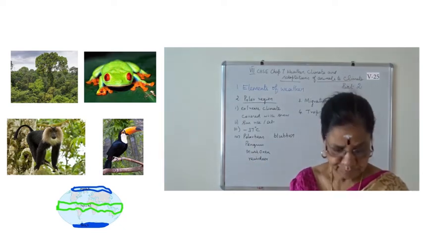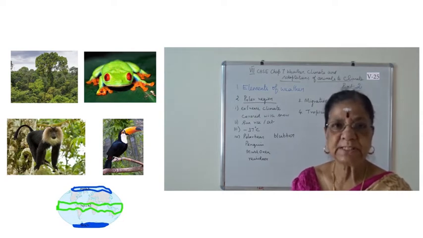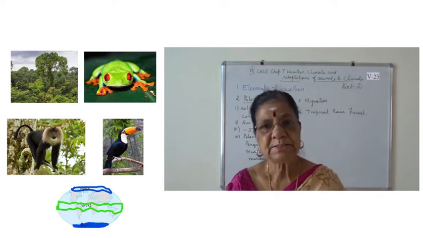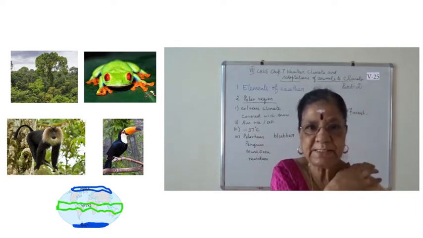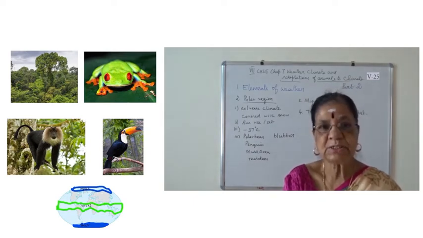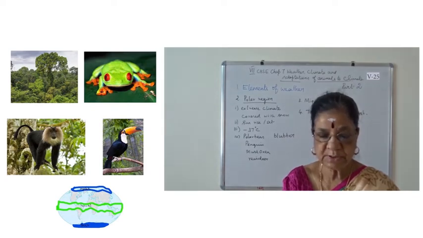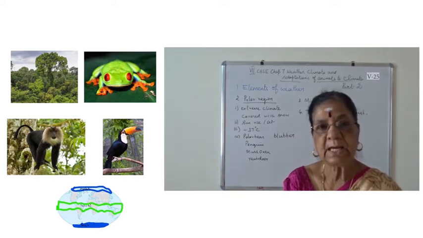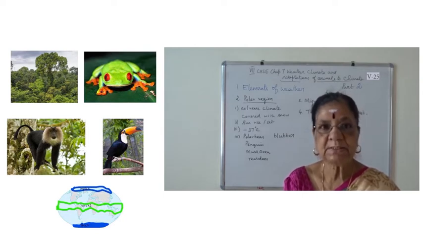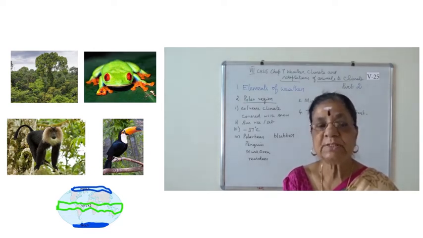Some snakes, lizards, rodent animals like rats that live in burrows, and desert foxes protect themselves from the severe heat of the day by being active at night. I hope you understand.